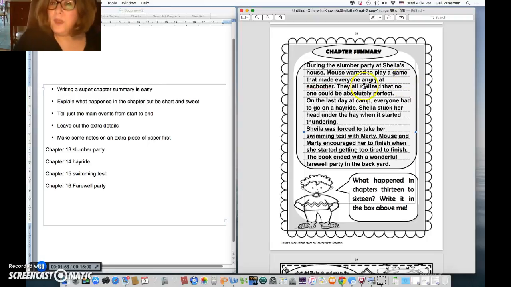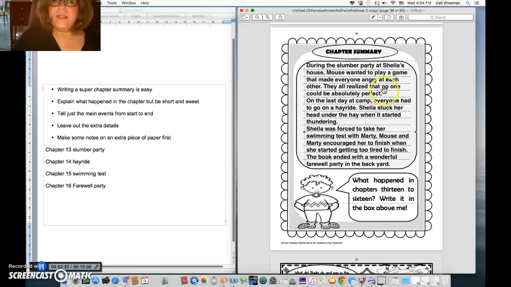I'm noticing over here that the word each other is underlined in red. That means I forgot to leave a space. Let's go back and see if that makes sense. During the slumber party at Sheila's house, Mouse wanted to play a game that made everyone angry at each other. Notice I put a period at the end of the sentence.